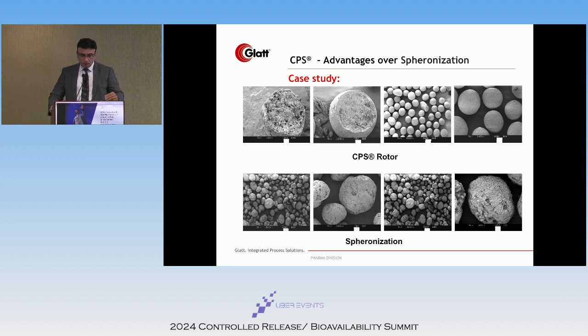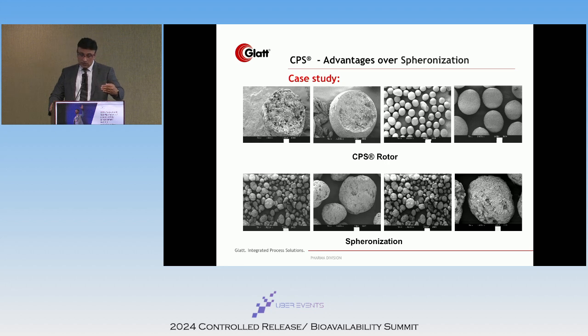So from that point, we took it and applied our CPS process, and the granules that we obtained were very uniform and well distributed. Morphology was quite amazing, and we were able to coat it, and their dissolution variability problem was resolved.